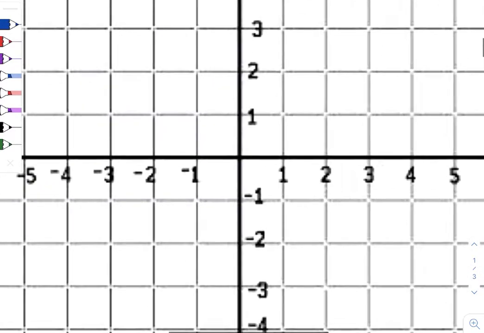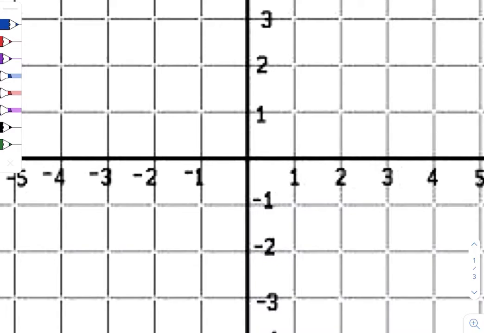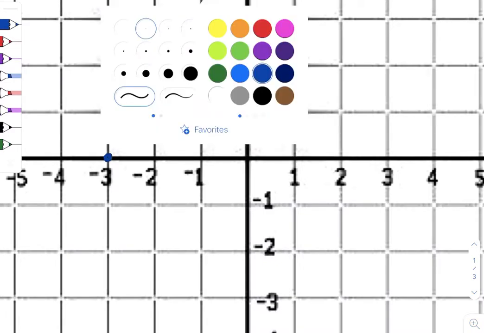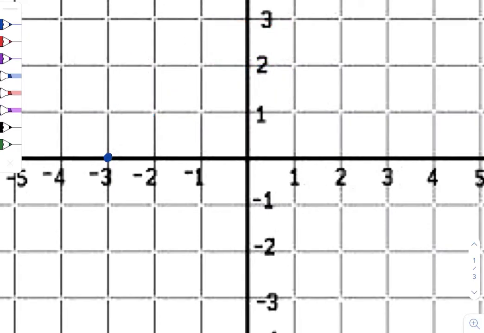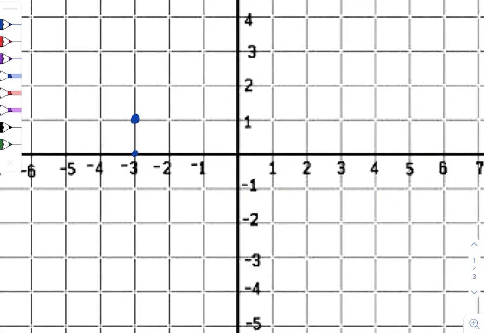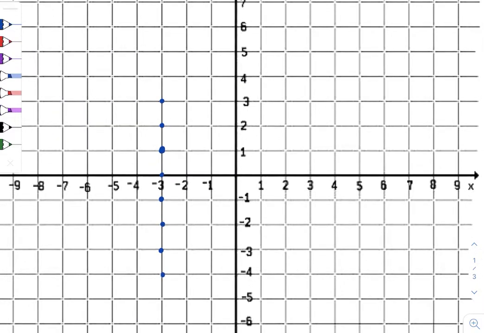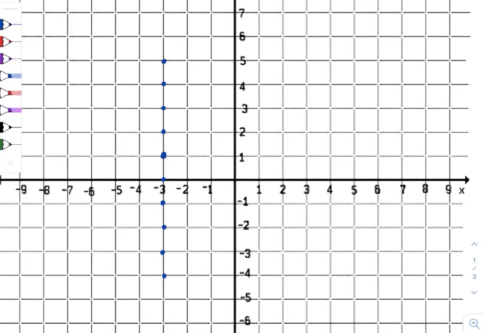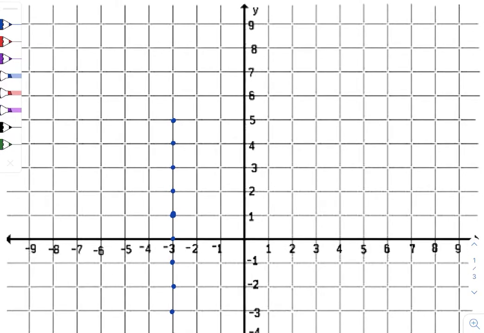So I'm going to go over here, and most of us will probably think of x as being -3 right here, which it is, but it's not just -3 there, it's also -3 here, and here, and here, and so forth. It's not -3 here, so it's not going to be a horizontal line, it's going to be a vertical line because that's the only direction I can move where that x is not going to change.